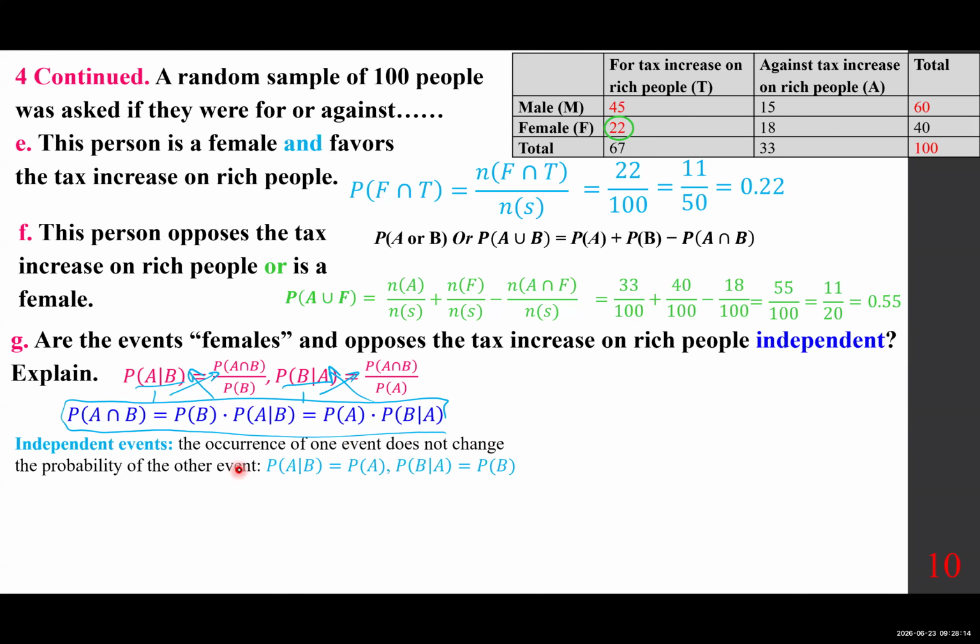This definition is very vague and hard to understand, but mathematically it means the following. Probability of A given B is probability of A. Probability of B given A is probability of B. In other words, conditional probability becomes a marginal probability and it has no effect on that. Therefore, probability of A intersection B, if independent, becomes probability of A times probability of B. The probabilities get multiplied out. That's all.